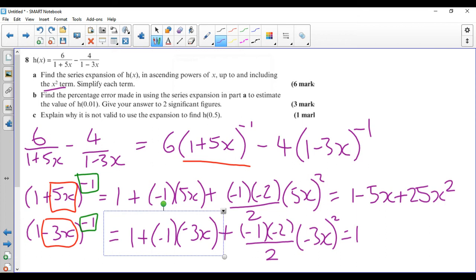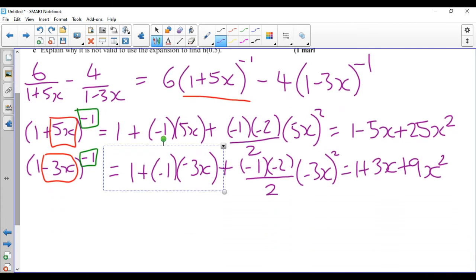So I've got 1 plus 3x plus, again, 4 minuses make a plus, 9x squared. The minus 1 times minus 2 over 2 cancels out to leave 1. Now I have those 2 terms.